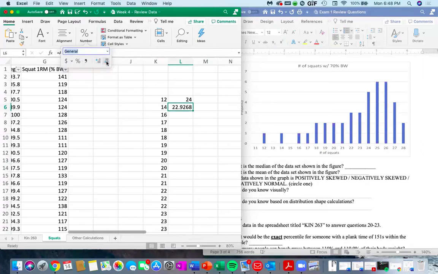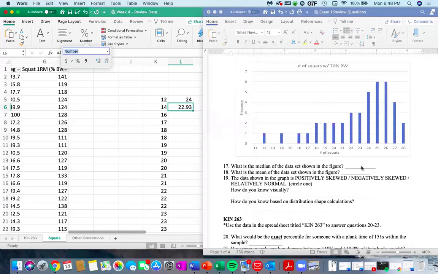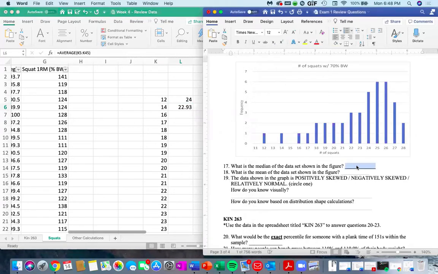So in this case, let's say we're looking for the second or the 100th place, right? We'll say the mean is 22.93. Okay, so in this case, we've got 24 is the median, and 22.93 is our mean.